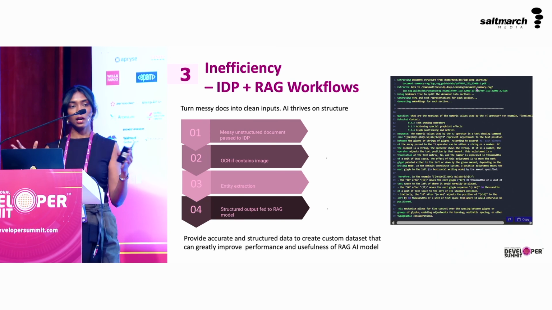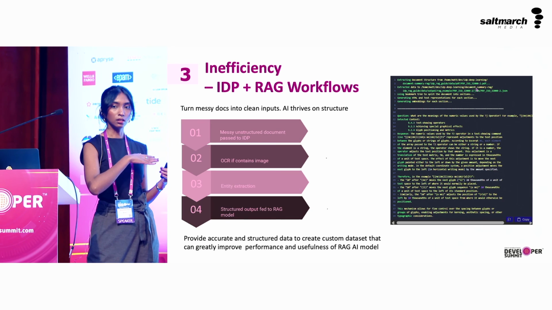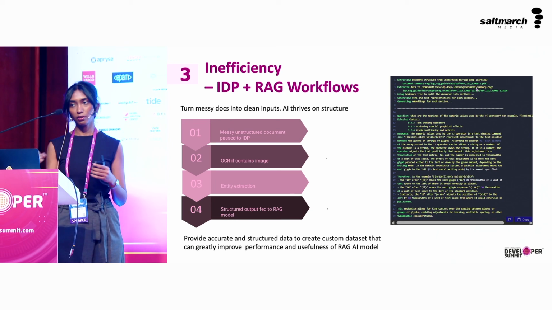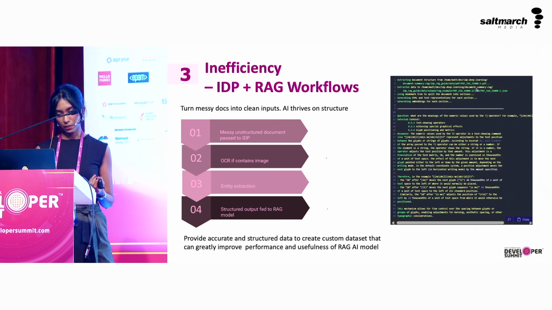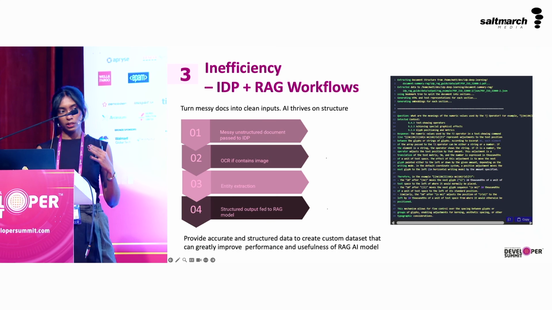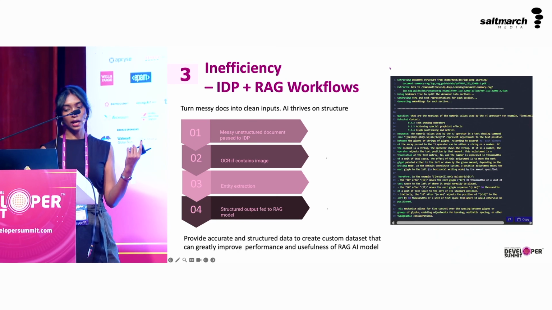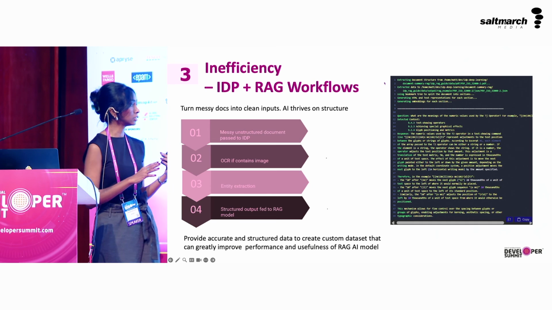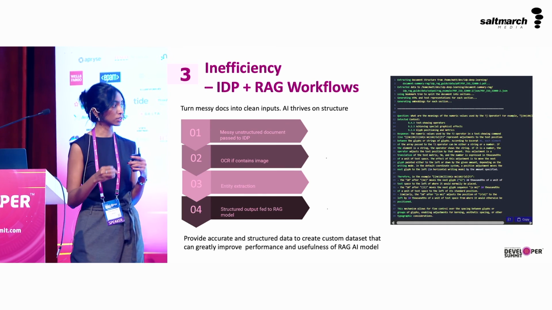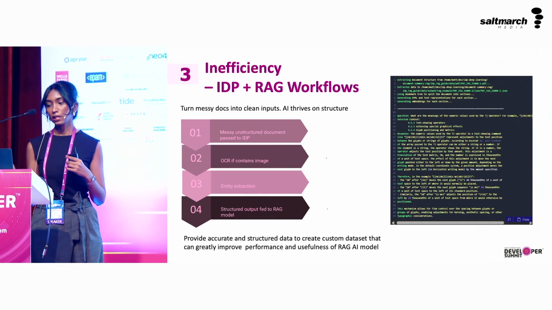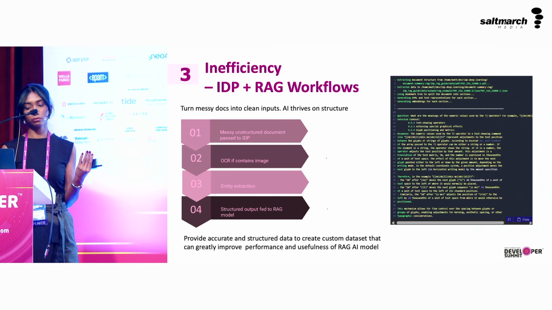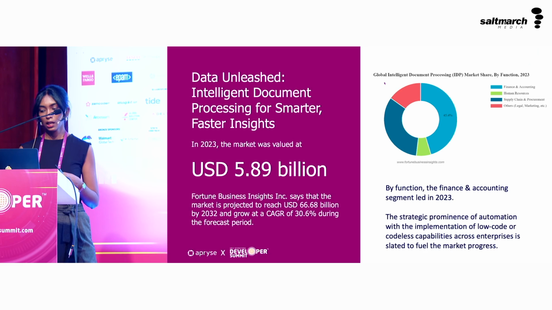So you are coupling whatever I just said earlier into a RAG and creating more accurate information. We identified some problems, and we also have some solutions which create more accurate and structured data to create a custom dataset that can greatly improve performance and usefulness.